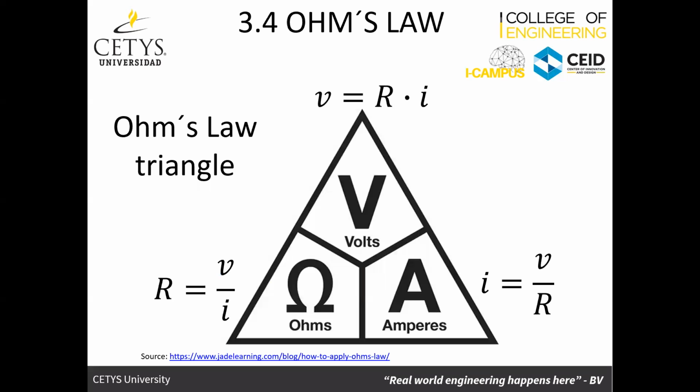The triangle drawn this way with voltage on top, resistance on the bottom, and, oh, I forgot to mention, the units of resistance are named after Mr. Ohm. So the unit of resistance is ohms, and they're usually represented with this omega Greek symbol. This is the representation of resistance. And so the triangle gives you the different formulas.